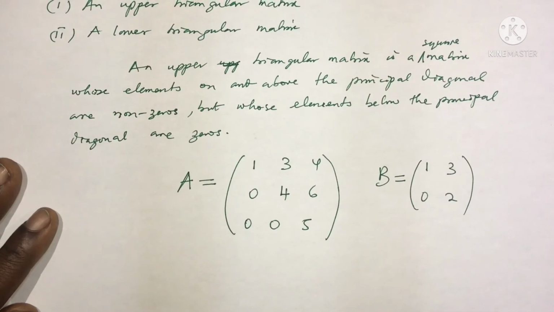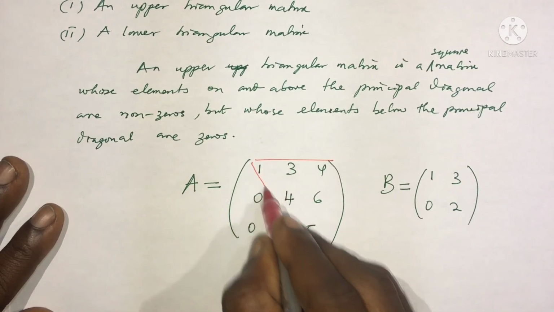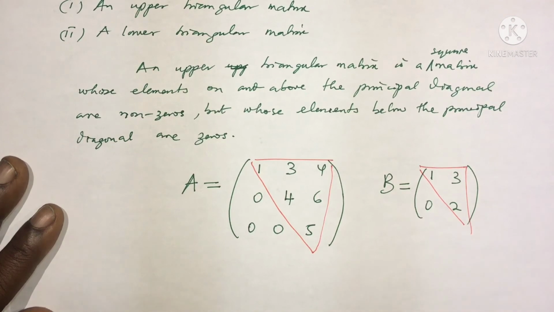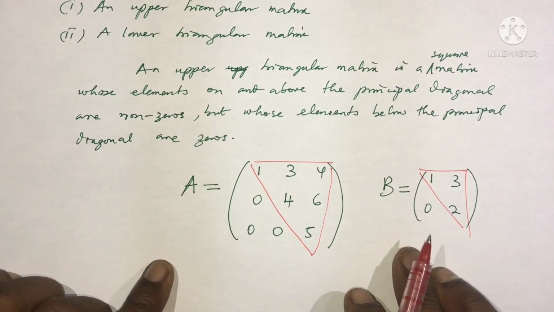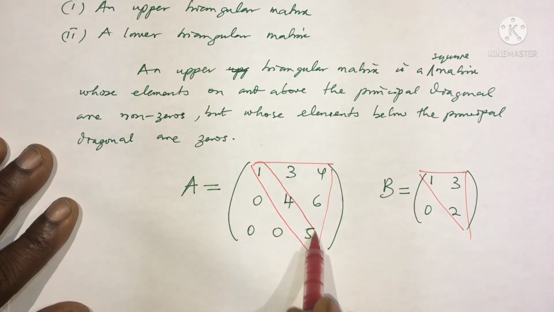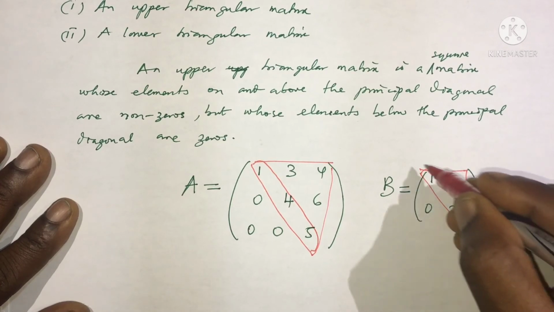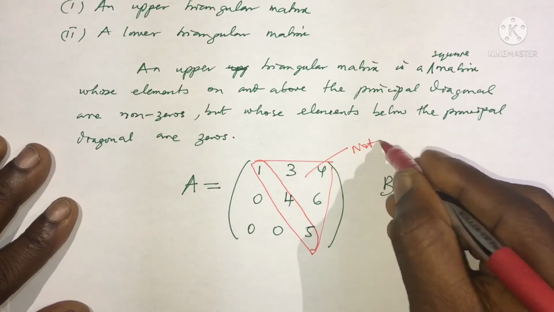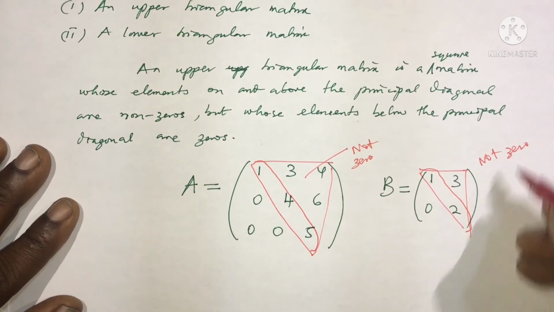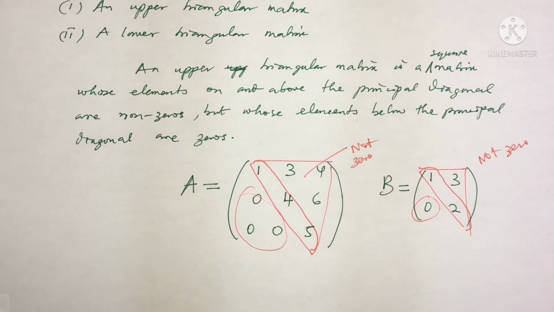Now, why are these examples of triangular matrices? Look at the structure. You would see a triangular structure, of course. Now, note this is an upper triangular matrix because all the elements on the principal diagonal and above the principal diagonal are not zeros, but every element below are zeros.